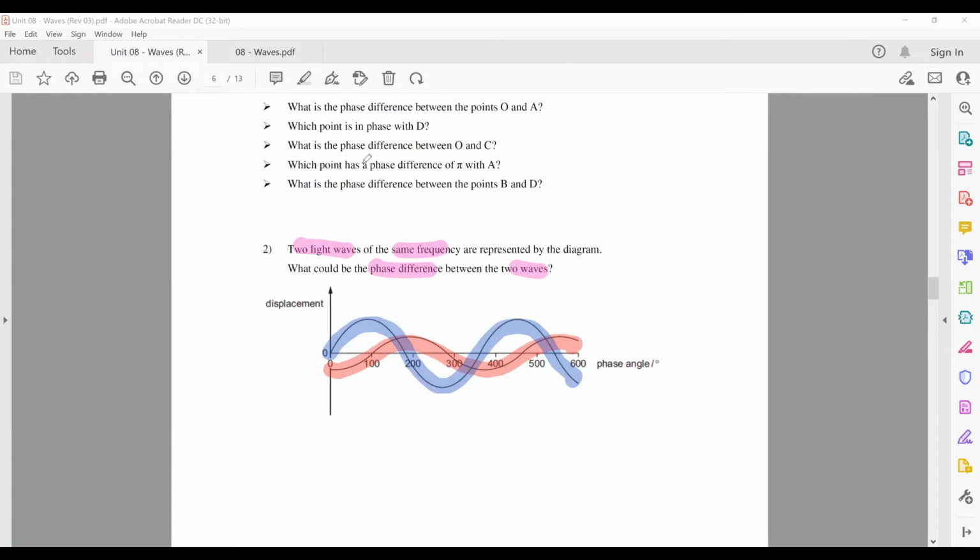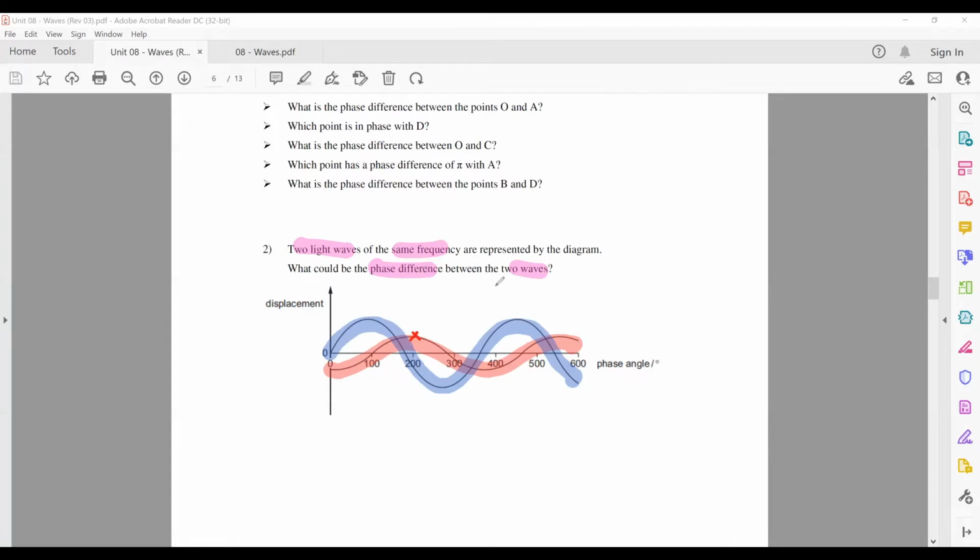Let's say I pick a crest on the red colored wave, which is this one. On the blue colored wave, I must also pick a crest, since on the red colored wave I've already picked a crest as my reference point.